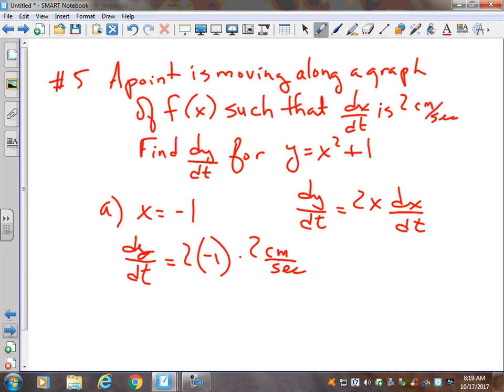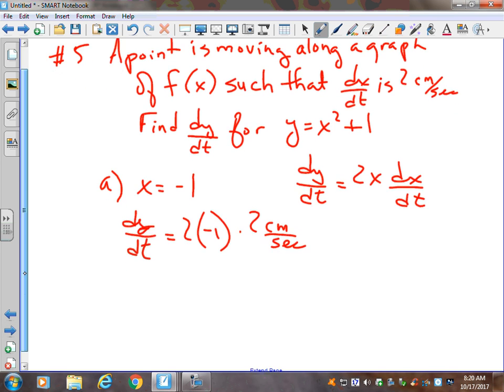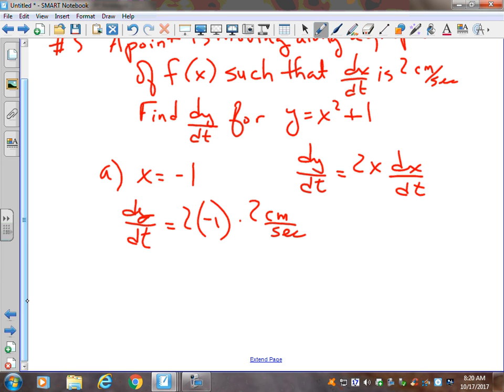And I suggest writing your units in because when you do word problems, in order to figure out what the unit on the final answer is, sometimes it is helpful to write your units in the question so you can multiply all your units together or divide some of them out to get your final units. For this, we would have known it would have been that anyway, but for word problems, it might not be. They don't stay the same always. So what do I get?